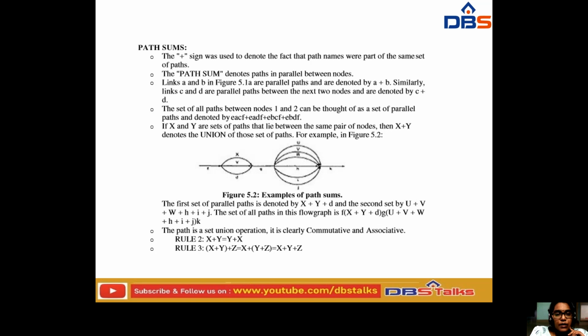Now the path sum, the plus sign that we are using here. The plus sign is used to denote the fact that path names are part of some set of paths.